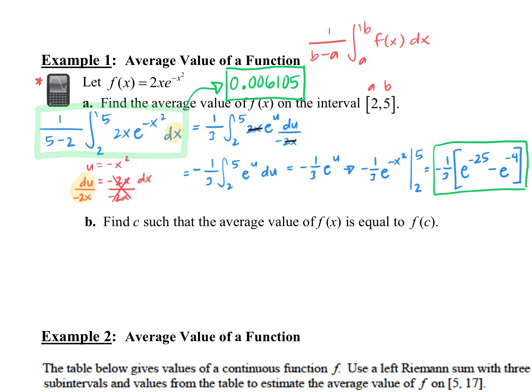Okay, now we're going to find our c value, where the average value is equal to f of c. Well, we just found the average value, okay? Our average value is 0.006105. Okay, that is my average value of f of x.